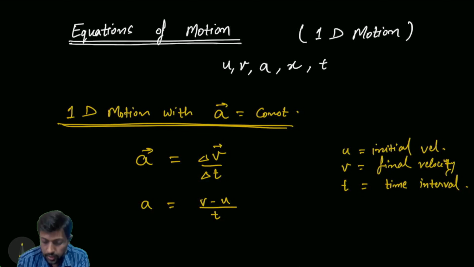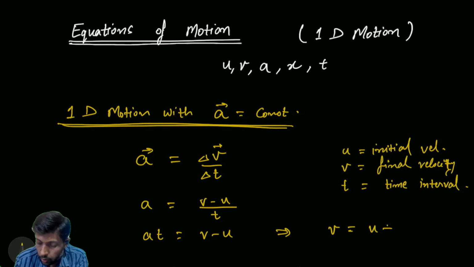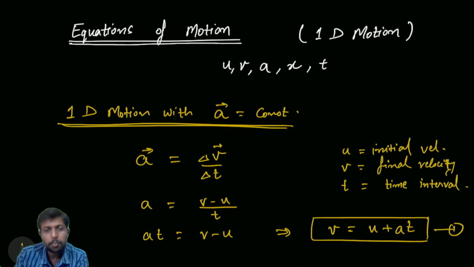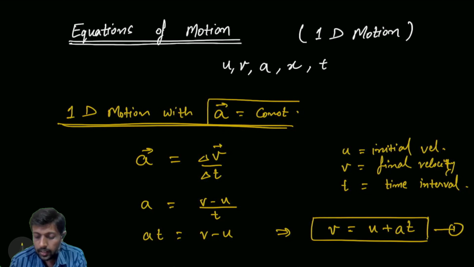So this would give us at is equal to v minus u, or v equals u plus at. And this is the first equation of motion, comes very simply from the definition of acceleration. Remember, this is for this case only, acceleration being constant.